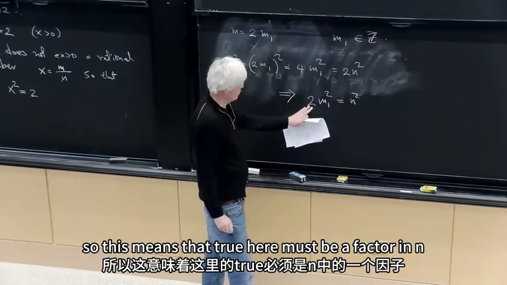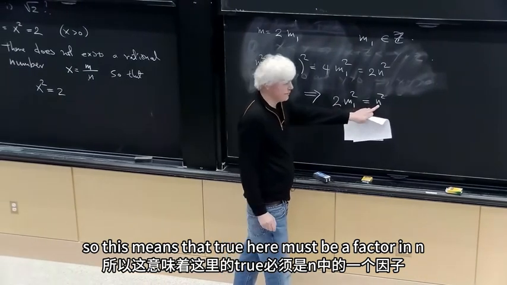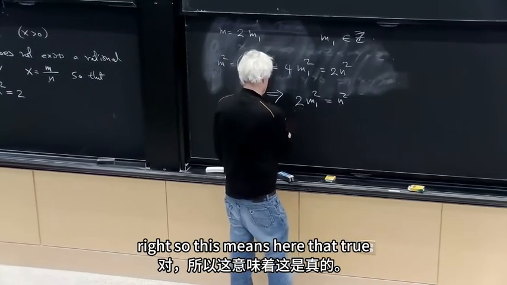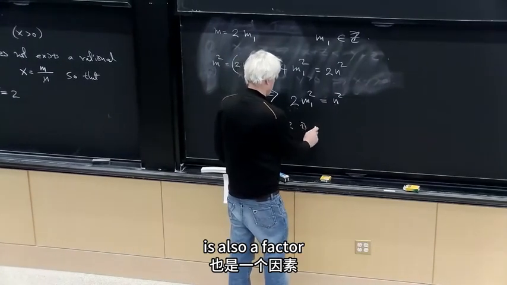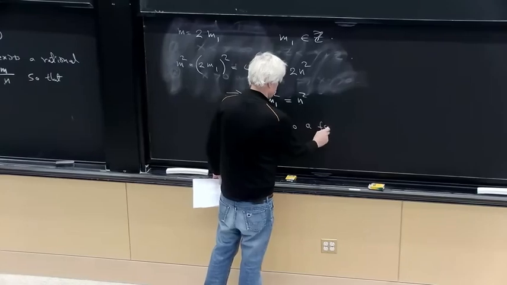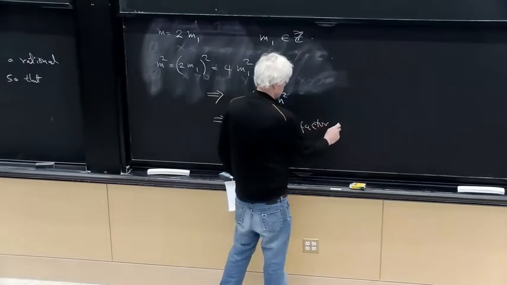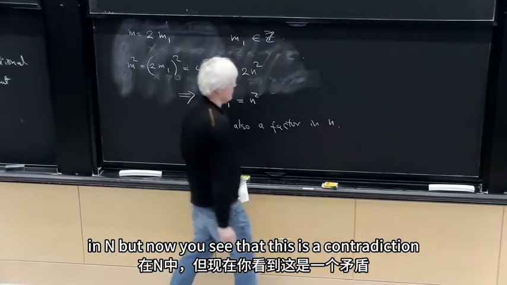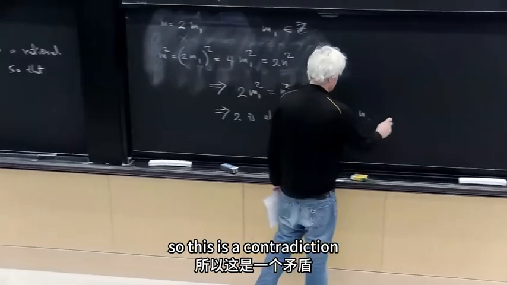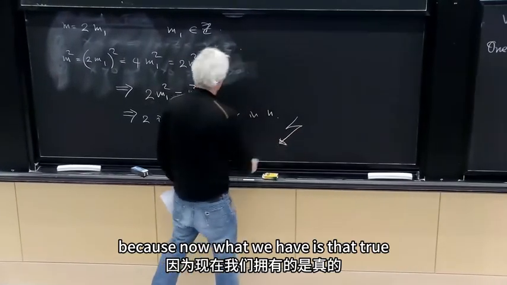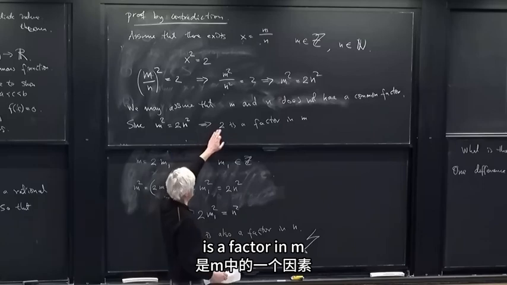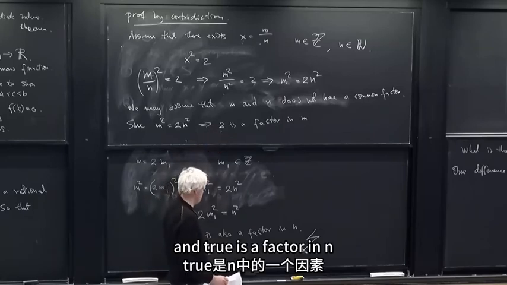So this means that 2 must be a factor in n, right? So 2 is also a factor in n. But now you see that this is a contradiction, because now what we have is that 2 is a factor in m, and 2 is a factor in n.